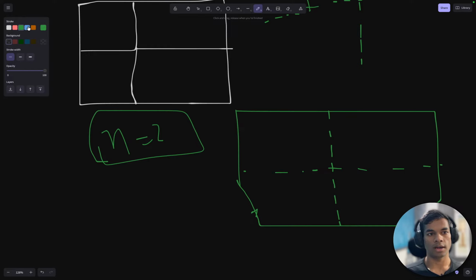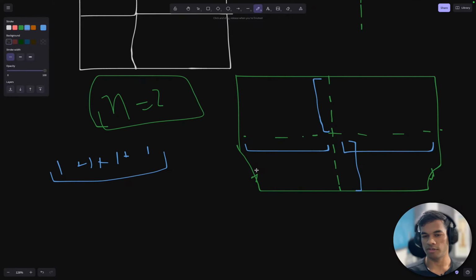We could put a line here. We have one choice for that. So 1. We could put a line here, +1. And we could put a line on this side, +1. Or we could put a line on this side, +1. So in total, we have 4 choices.